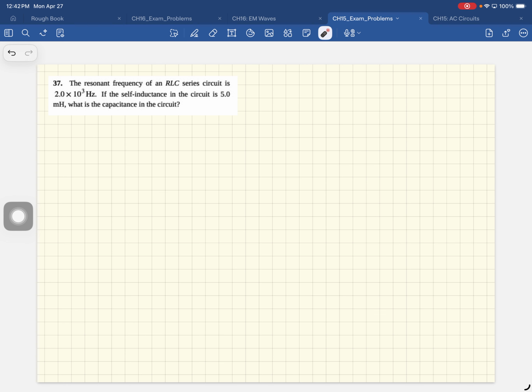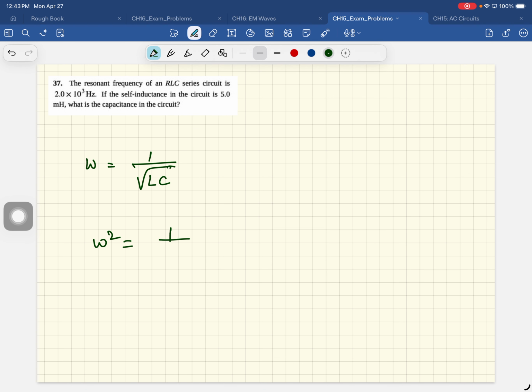So this problem says the resonant frequency of an RLC series circuit is 2000 hertz. If the self-inductance in the circuit is 5 millihenry, what is the capacitance in the circuit? Okay. So they give you the resonant frequency and they give you the inductor, so we can calculate the capacitance.